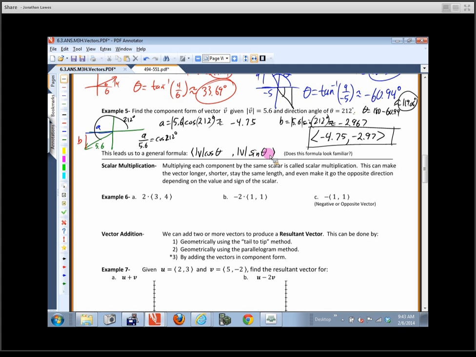Now, does that look familiar at all? Do you remember the unit circle? Okay, didn't we say the coordinates on the unit circle were always cosine of theta, comma, sine of theta? And that was if the radius was 1. So if I put a 1 in front of each one of those, that's the unit circle. If I put a 2 in front of each one of those, that would be a circle that has a radius of 2.